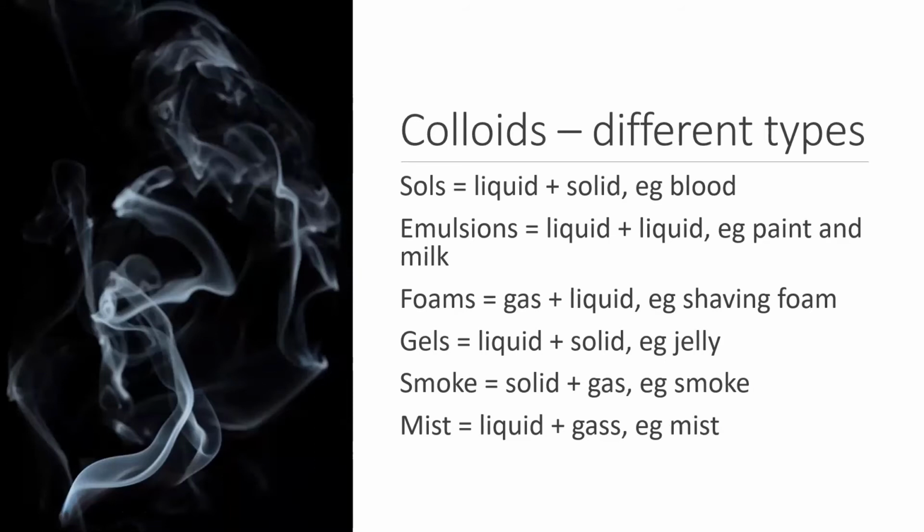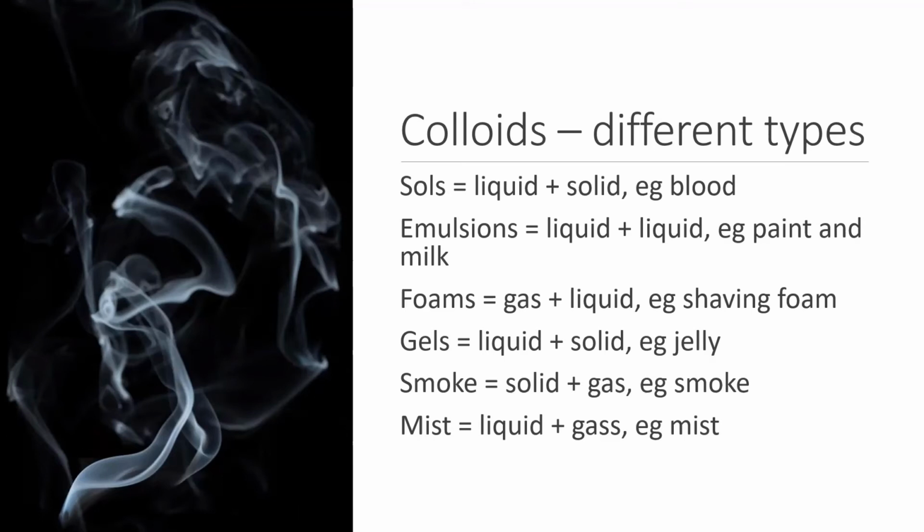You've got sols, which is a liquid plus a solid. You've got emulsions, which is a liquid plus a liquid. You've got foam, which is a gas mixed with a liquid. An example of that would be shaving foam, so shaving cream or whipped cream. An example of a sol would be something like blood. An emulsion, milk is an emulsion.